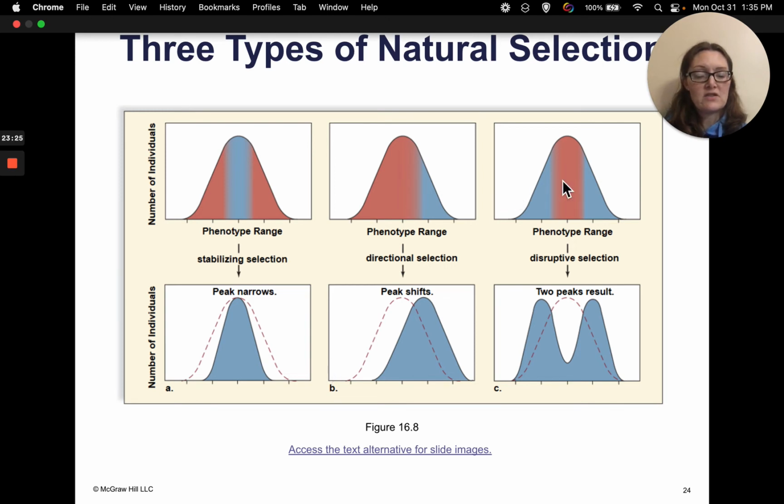Or we have disruptive, where we have shifting to both sides and the middle kind of disappears. So we have directional, shifting to this side or this side, and we have stabilizing, where it shifts to the middle. So three types of natural selection: stabilizing, directional, and then disruptive.